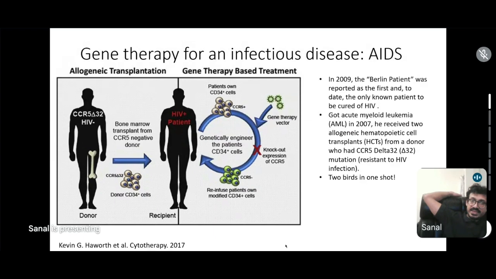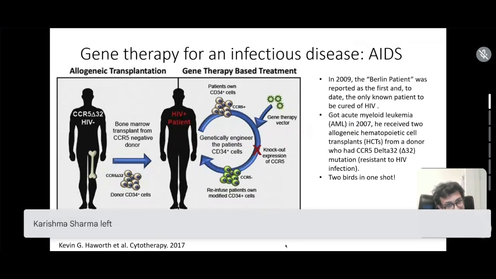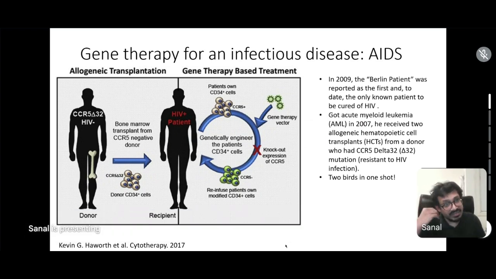So this opened a possibility that if you mutate the bone marrow stem cells of these patients for the CCR5 receptor, you can make HIV patients or the common man immune to HIV. This is the basis of development of gene therapy for HIV.